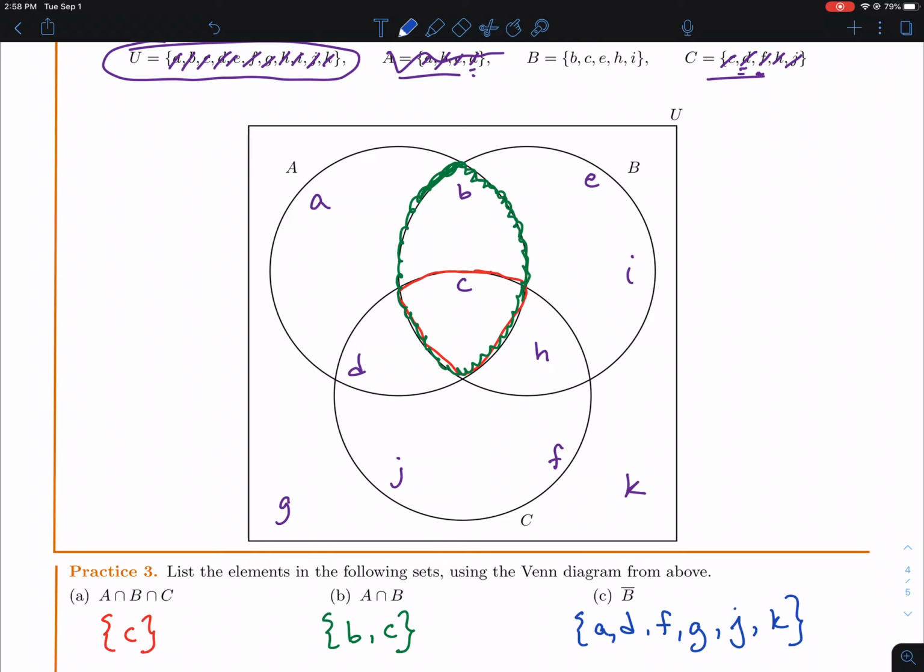Otherwise, if you were to shade it, here's what this would look like. So let me erase these since we're done.